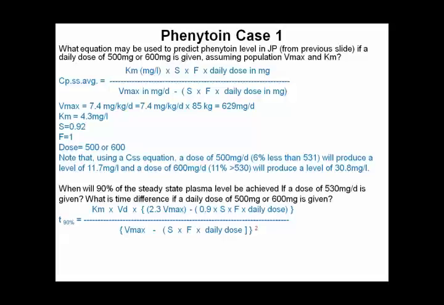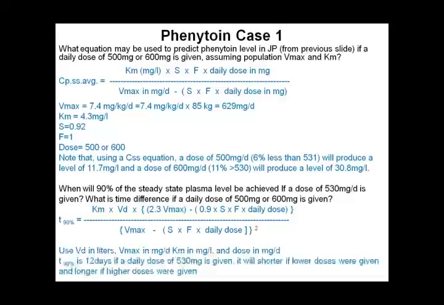You need to be aware of that. T90 will be 12 days if a dose of 500 is given, and will be shorter if a lower dose is given. Practice using this equation to see how different values you get using different doses.